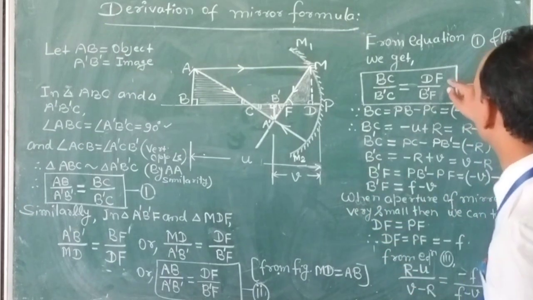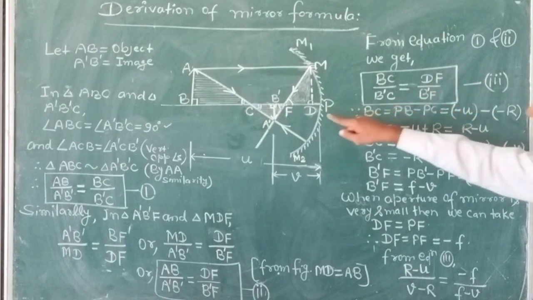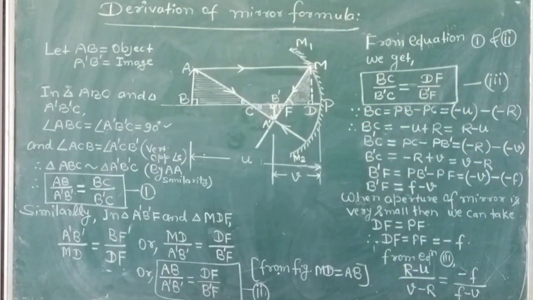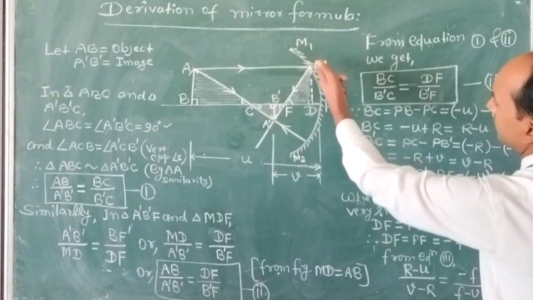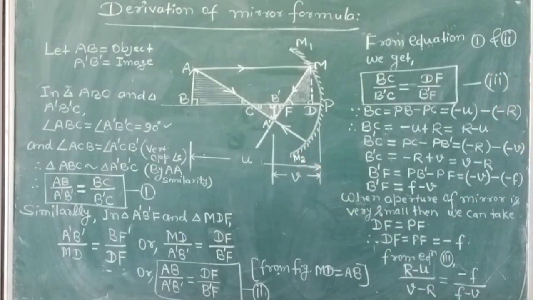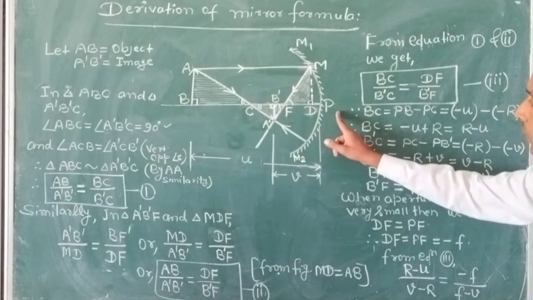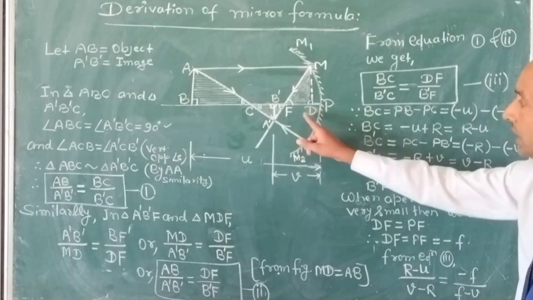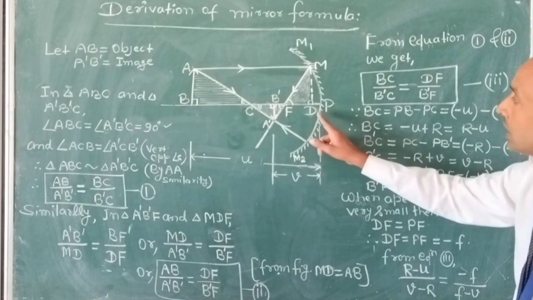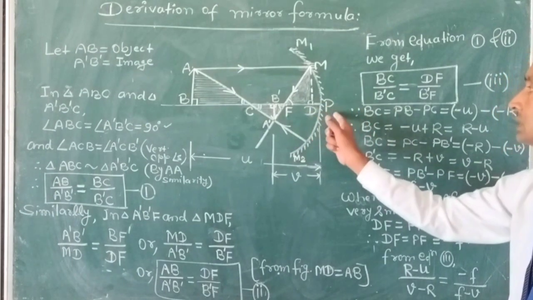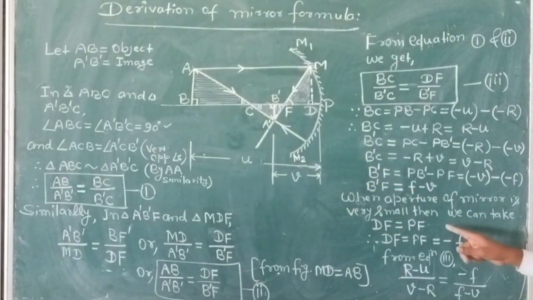Now, this is the distance DF. But DF is an unknown quantity, and we know that when the curvature of the mirror is very small, then point D will lie near the point P. So we can take the distance DF equal to PF, and we know that PF is the focal length of the mirror, which will equal minus f.